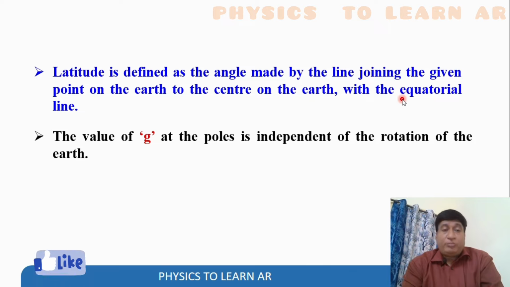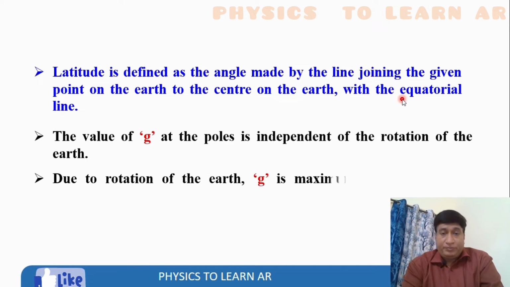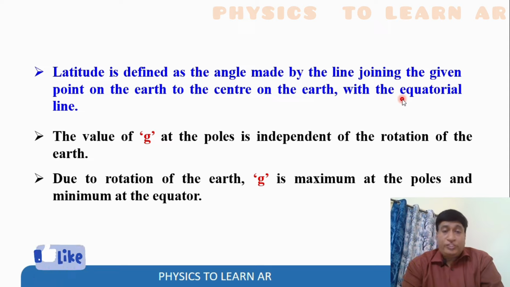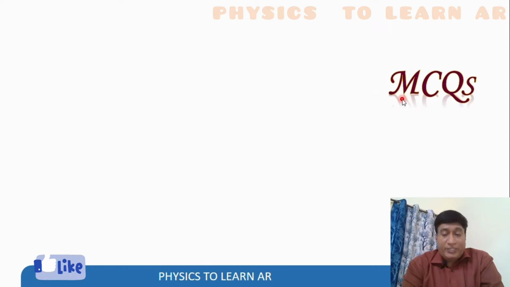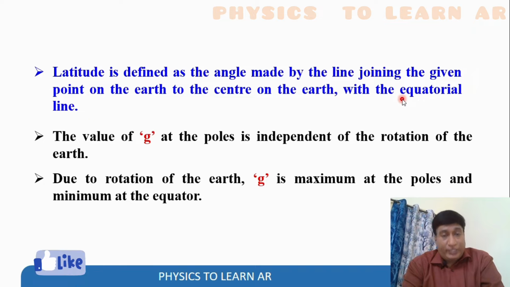From the above equations we can conclude that the value of g at the poles is independent of the rotation of the earth. Due to rotation of the earth, g is maximum at the poles and minimum at the equator.